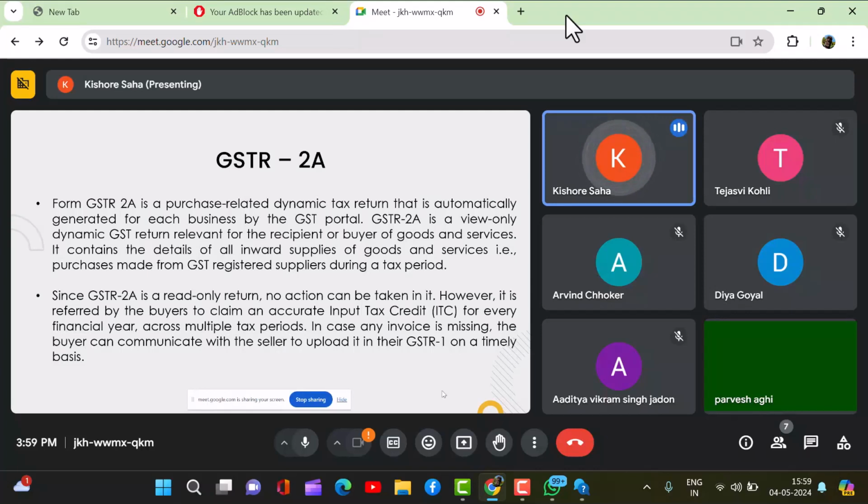At the time of ITC, which is input tax credit, it is very important that every supplier fills the GSTR 1A so that it can be auto-populated to GSTR 2A and we get the benefit of ITC. If some supplier has not entered the outward supply in GSTR 1A, then it would be difficult for the other party to claim it as ITC because it won't be auto-populated in GSTR 2A.